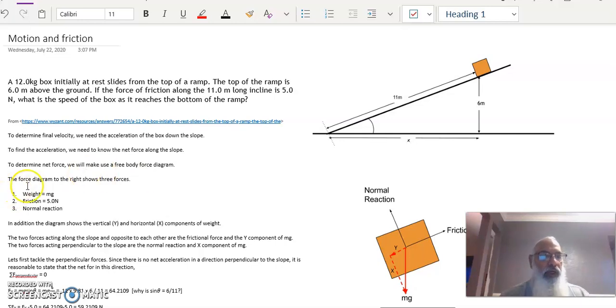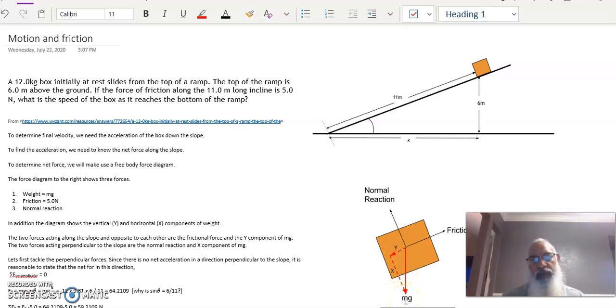On the diagram on the right, the little square is just a blow up of the forces acting on the box itself. So this is a free body force diagram of the box. The box is being influenced by the weight or the gravitational force, which is mg.